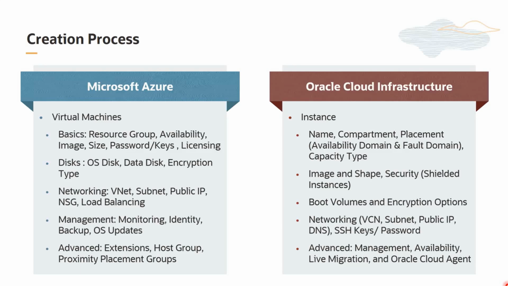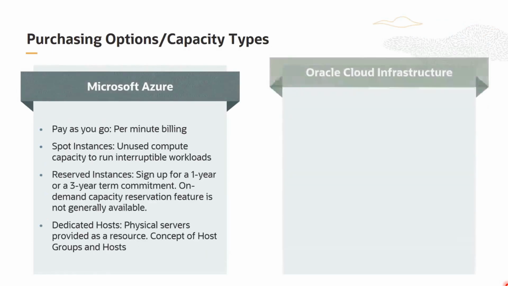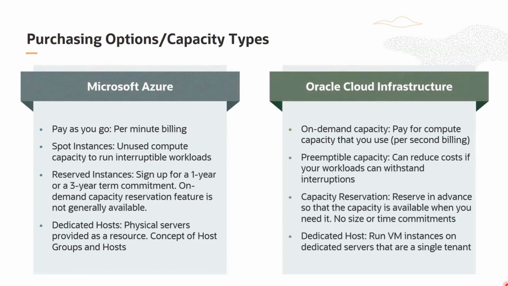However, you can specify a custom boot volume size in Oracle Cloud Infrastructure, and the size can range from 50 GB to 32 TB, unlike Azure, where the operating system disk has a maximum capacity of 4095 GB. Another difference is, in OCI you attach a block volume after the instance is launched and not during the creation process.